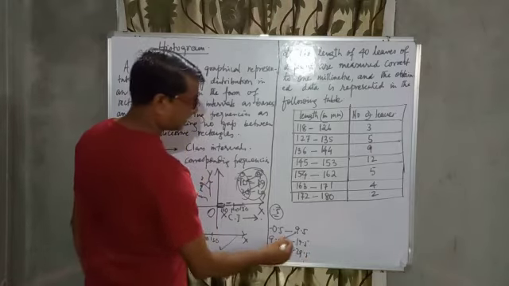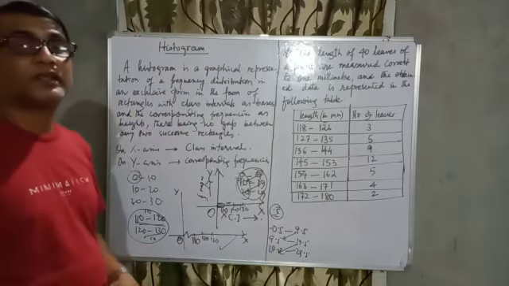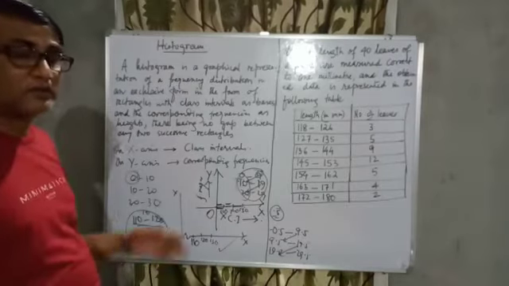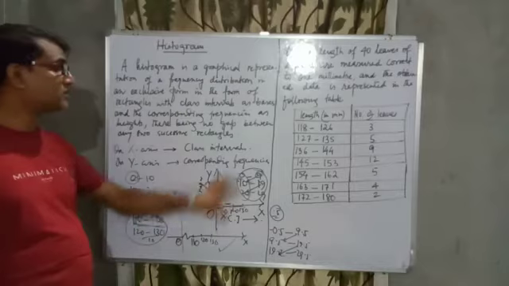Now see, they are the same. It is continuous, so we can draw the histogram easily and this will not create a problem. So be careful and keep these things in your mind.